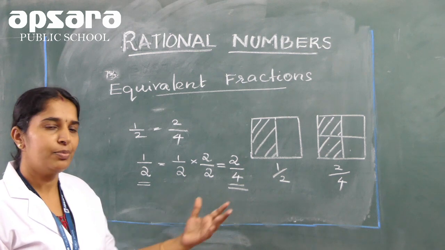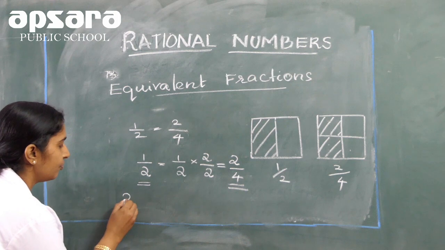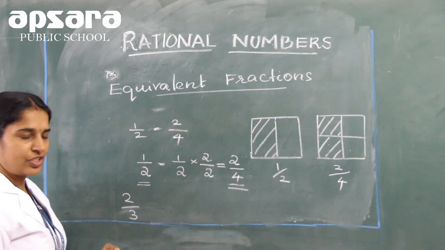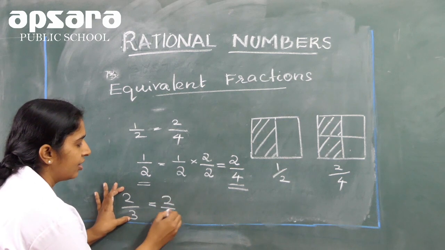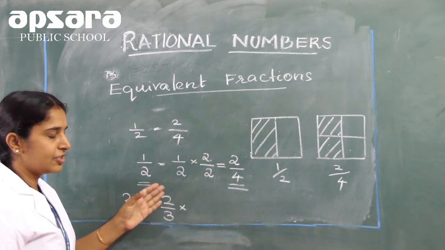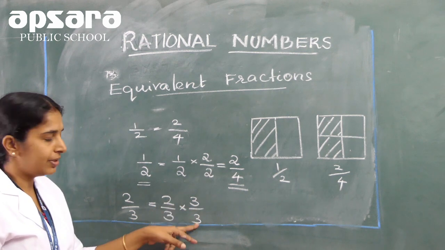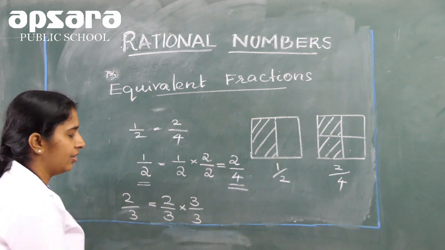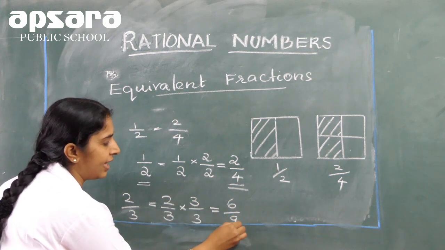Okay, let us take one more example to explain equivalent fractions. 2 by 3 is a fraction, and if you multiply 2 by 3 with the same digit 3 and 3, in the numerator and denominator you will be multiplying by 3 and 3, which gives the product as 6 by 9.